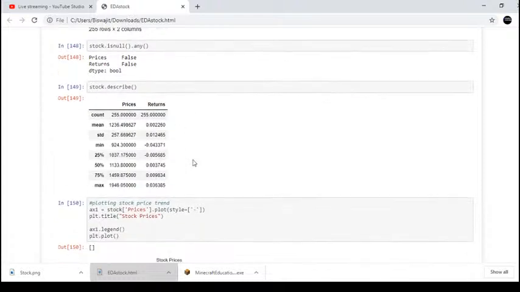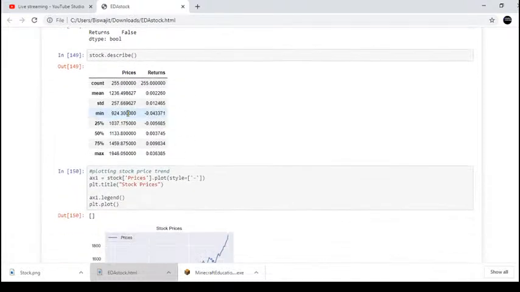Oftentimes we ignore this, but it's very important. Why it is important is basically to understand where the data is centered around. So you will see the central tendency of your data set, which is the mean or standard deviation, and it gives you a brief idea about where the data is centered around.